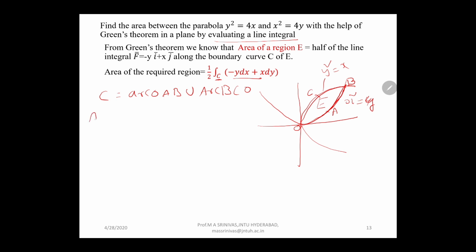Therefore, area is half of the integral along the arc OAB of minus y dx plus x dy, plus half of the integral along the arc BCO of minus y dx plus x dy.